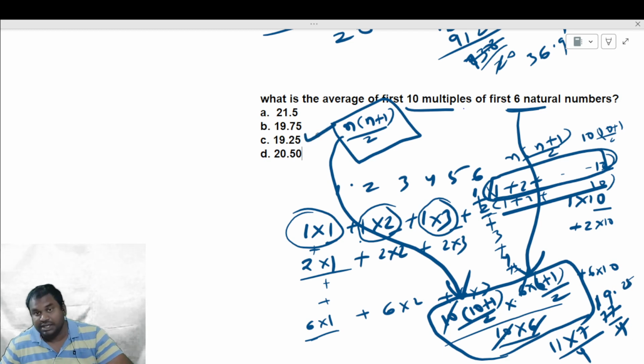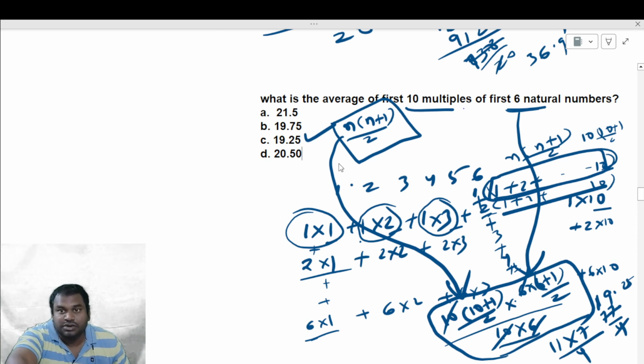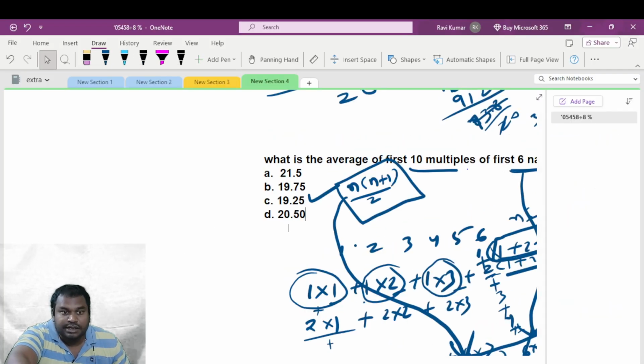I am repeating it again. Suppose you are asked to find the average of n multiples of k natural numbers.